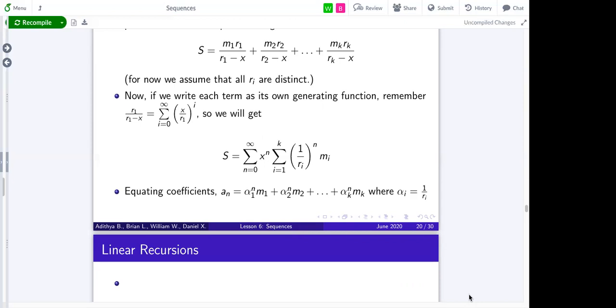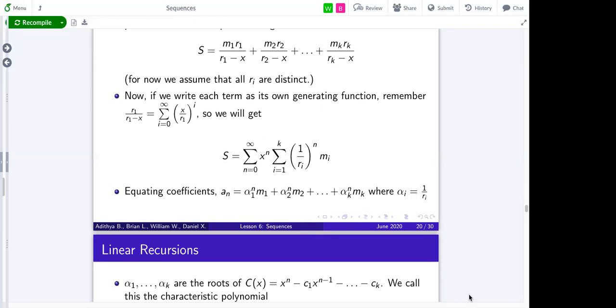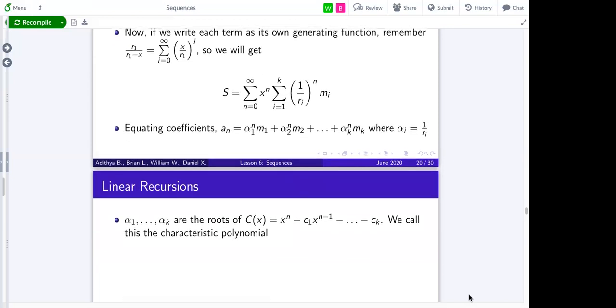Note that alpha 1, alpha 2, all the way to alpha k are actually roots of the reciprocal polynomial of the denominator, namely x to the k minus c1 x to the k minus 1, all the way to minus ck. This polynomial is very special. It's called the characteristic polynomial of the recursion.